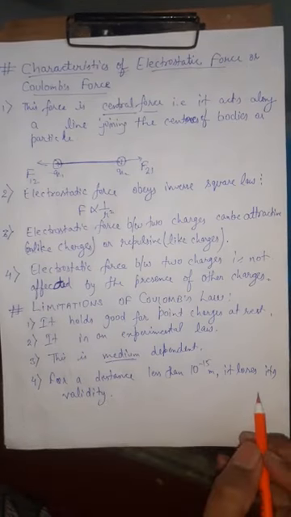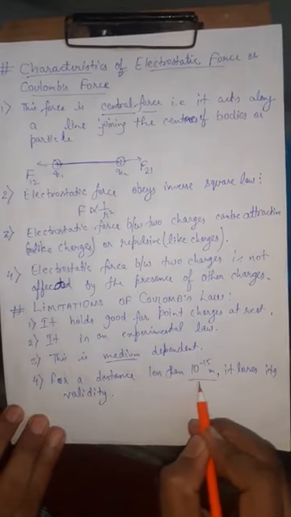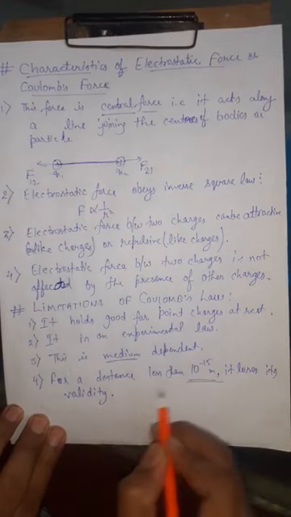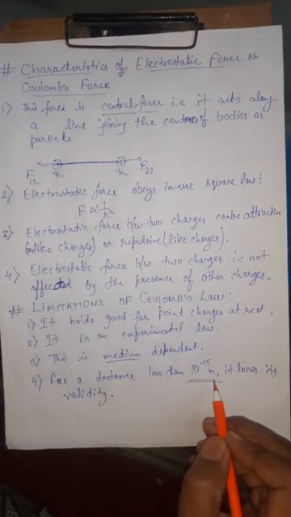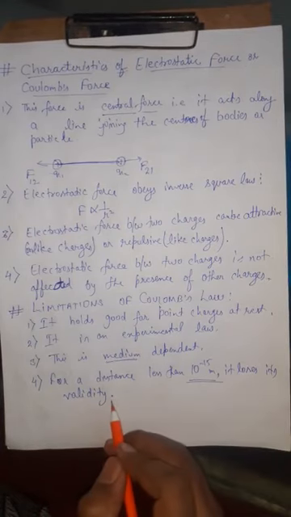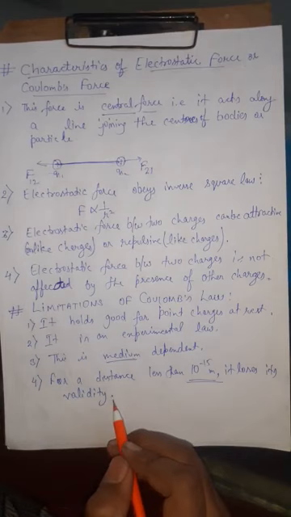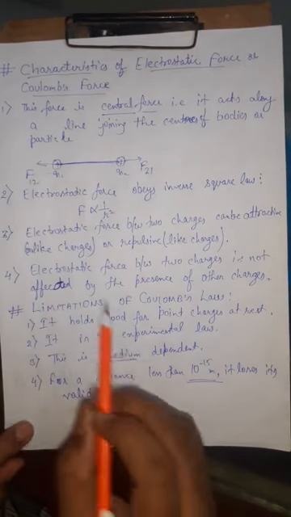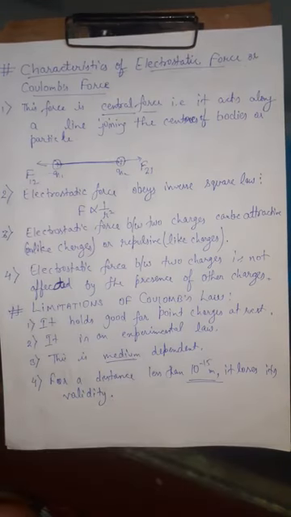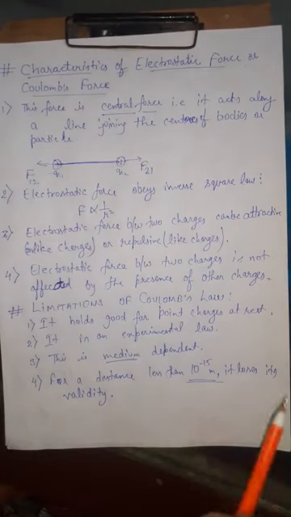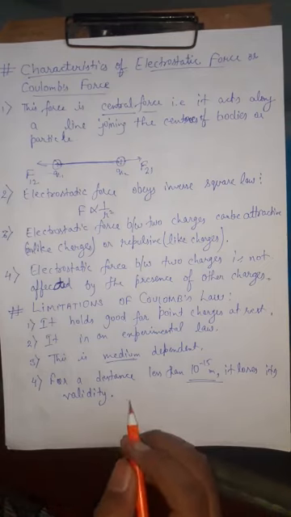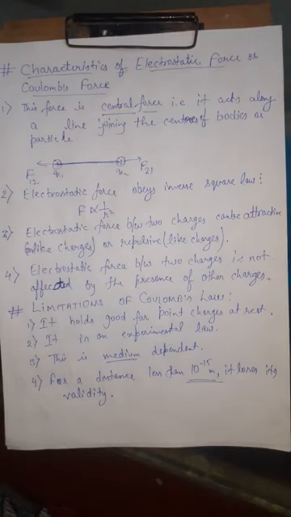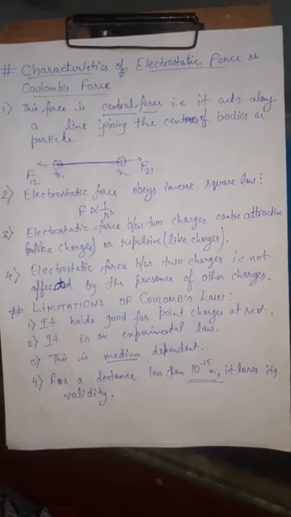Why does it lose its validity? At distances less than 10 raised to power minus 15 meter, the nuclear forces come into play. That's why this electrostatic force or Coulomb's law doesn't hold good on a distance less than that.